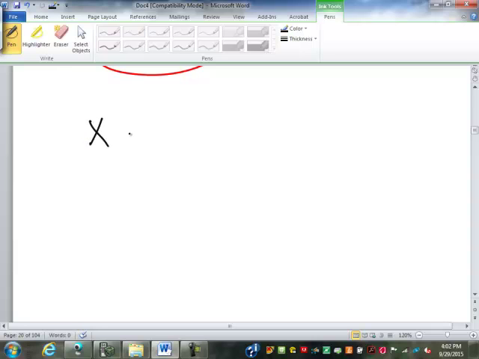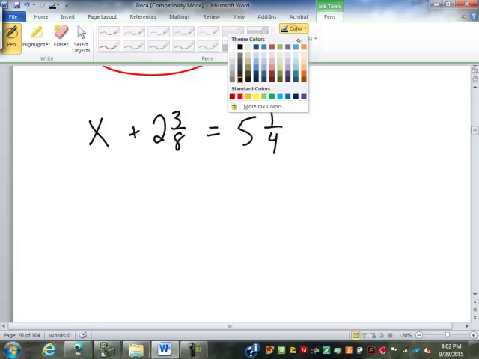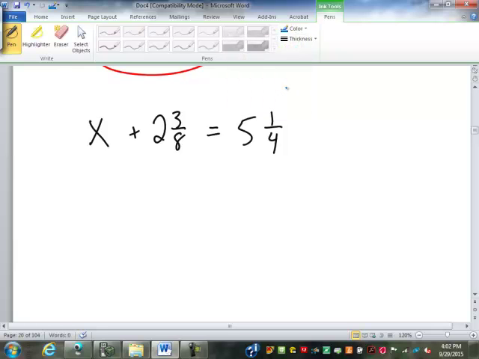So we might have x plus 2 3/8 equals 5 1/4. What are we going to do to solve this one? Subtract 2 3/8. So it's just gone here, leaving us with x.